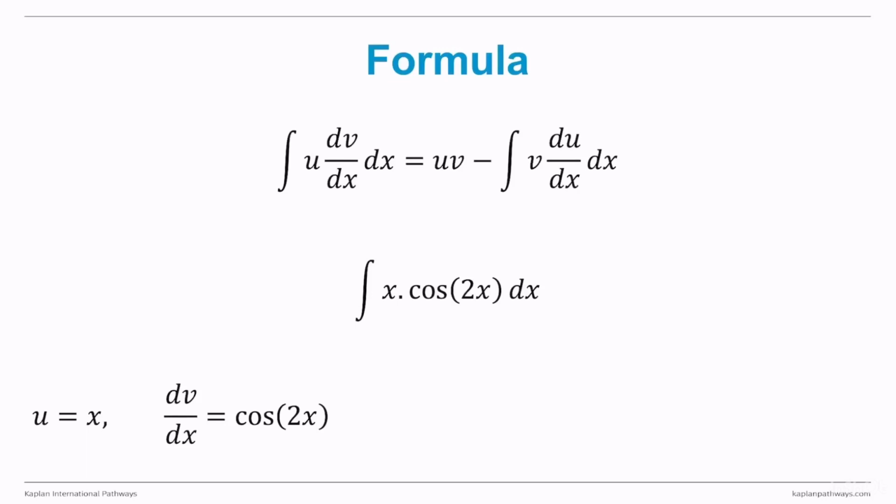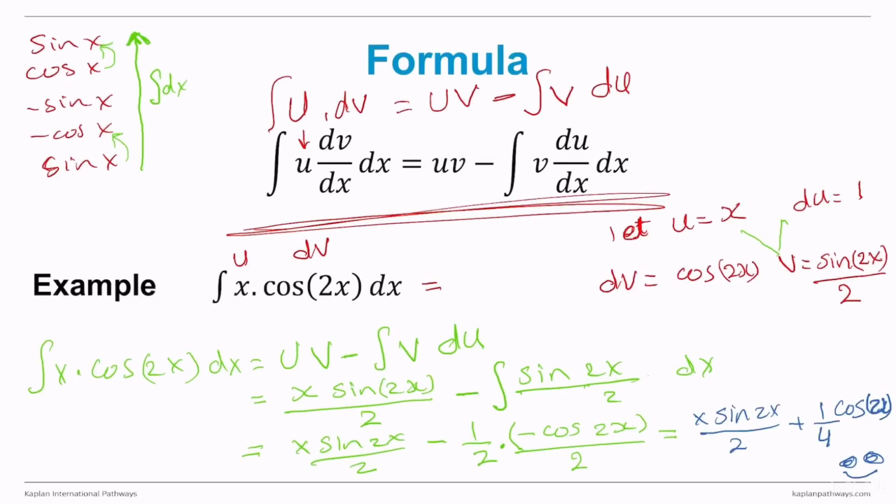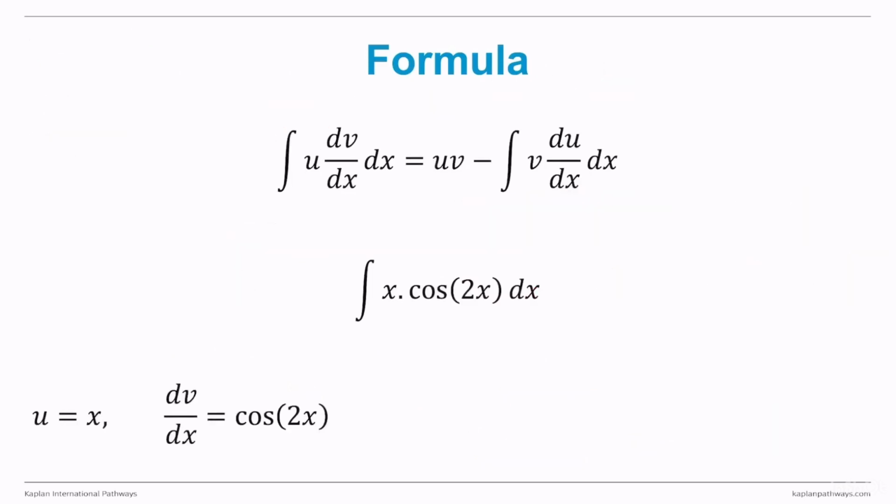So that's the way I just explained it to you now here. I'm just going to go through the slides to show you, and hopefully you will be able to recognize what's happening here. So this is the formula, integration of u dv equals uv minus integration of v du.